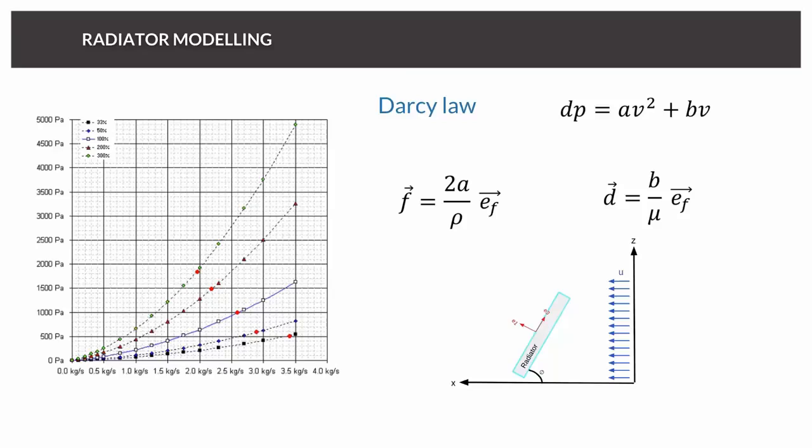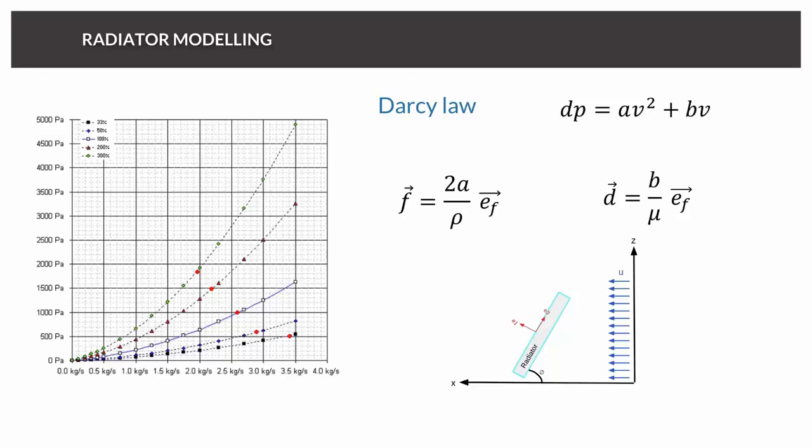Again, we will use a model which simplifies everything, because if you wanted to simulate the flow inside a radiator in detail, you would need a super fine mesh, as the radiator elements can be very small. This is not an option, because you would end up with double or three times the elements for a simulation. It would take much longer, and at the same time it wouldn't add a lot of value.